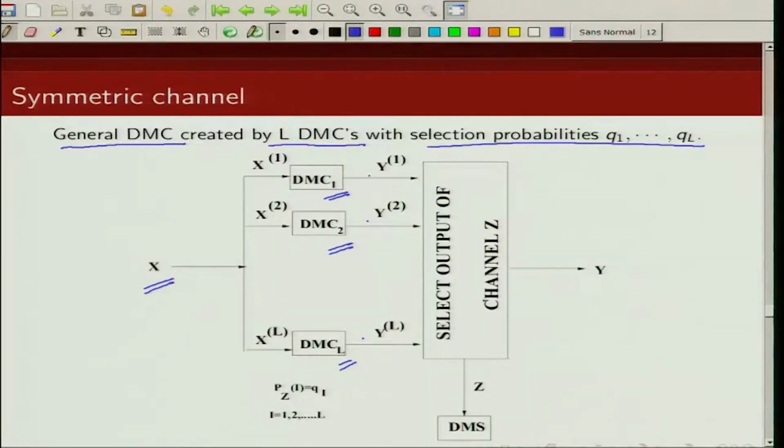So the output is that I am choosing either this channel, this channel, or this channel, and this is my selection probability. X is my input here, Y is the output of the discrete memoryless channel, and Z decides which channel is being chosen.